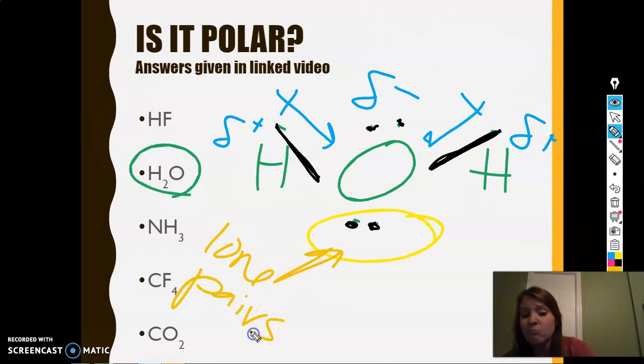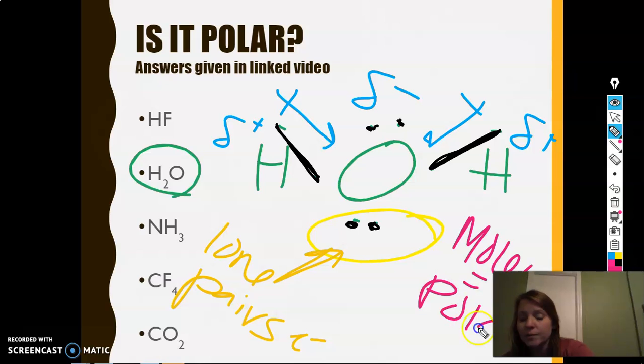It can be 2, it can be 4, it'll always be a pair. These do tend to stick together, so when you're drawing your bonds, if you can try to keep them together, it helps you not overlook them. But since we have lone pairs, that means this molecule is polar.